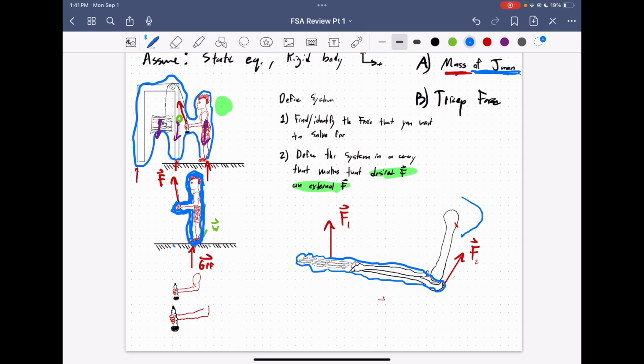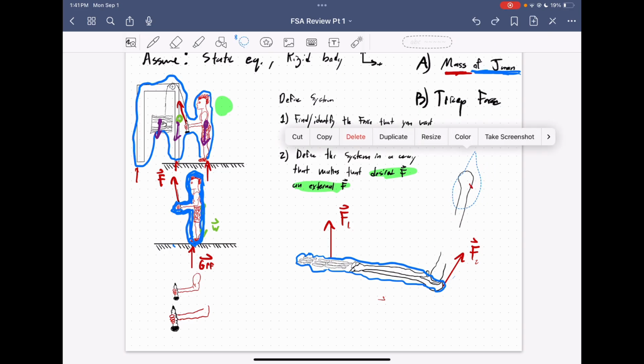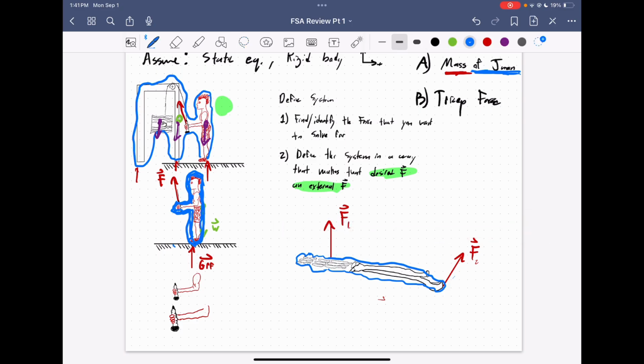Right? When I do that, I define it just as the forearm. Now we know there's only one side of that force. There's only one side of that force pulling. And now we would be able to solve for this force.